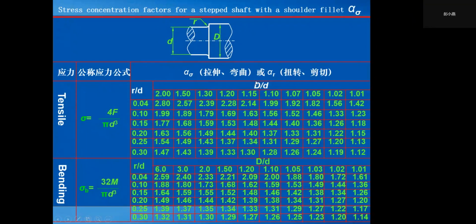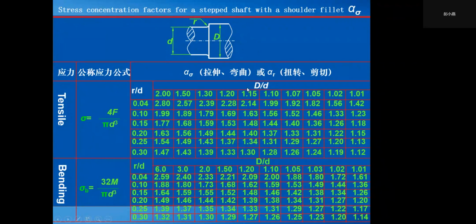With the increase of this value, the section change will increase and the stress concentration will increase.